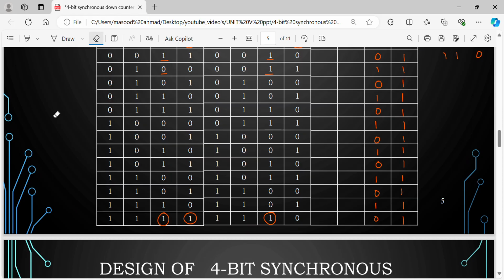This is TA, so we are comparing this one with this one. These are the first 4 inputs. The first 4 are the present state, the next 4 are the next state. So when we compare 1 1, the output is 0.